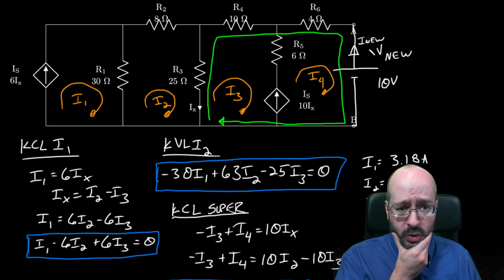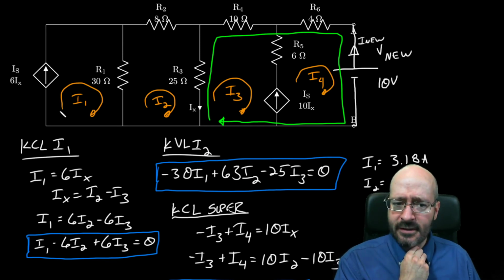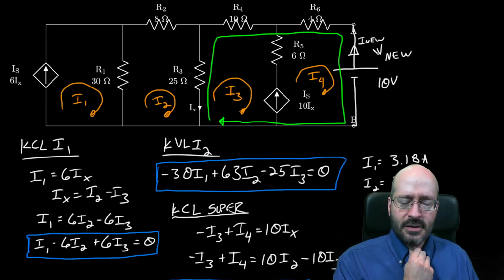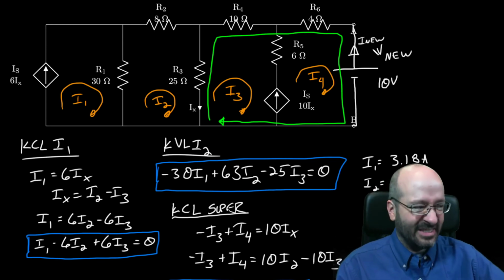Okay, now I new is over here. Oh, we're going to end up with a negative. Ugh, yuck. These current supplies are pushing it the other way. I1 doesn't touch it, I2 doesn't touch it, I3 doesn't touch it, I4 touches it but goes in the opposite direction. Let me just see that I didn't miss a sign.